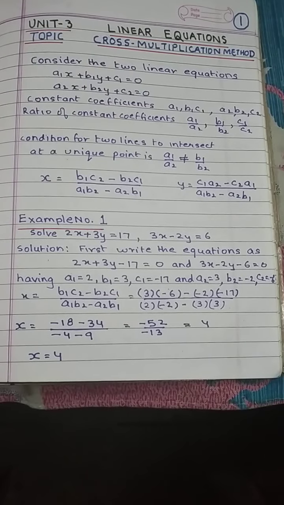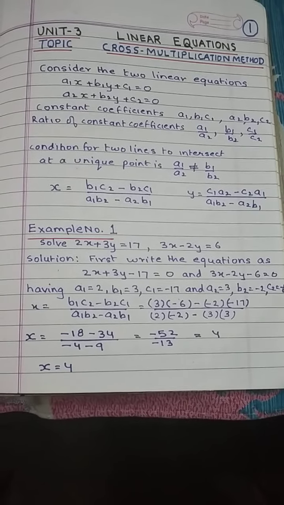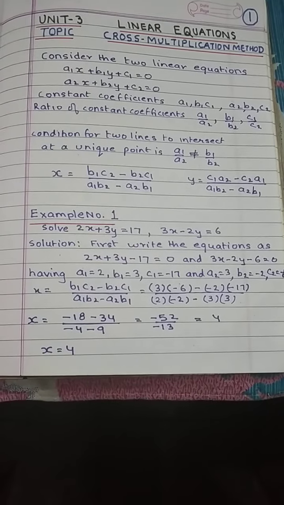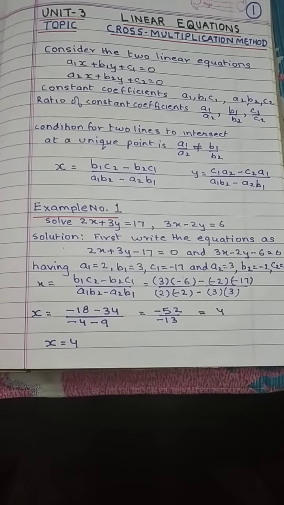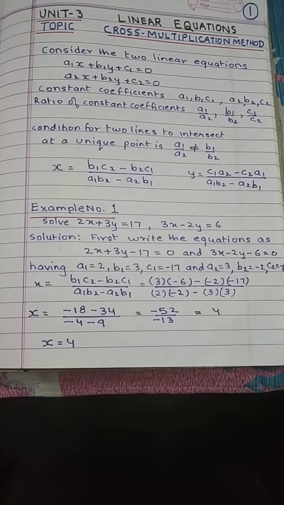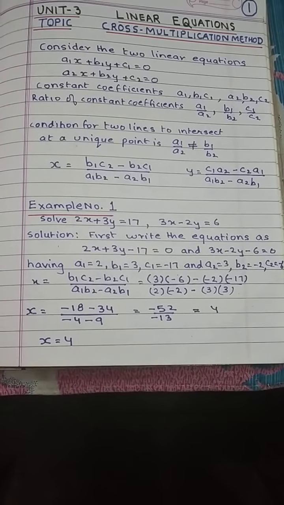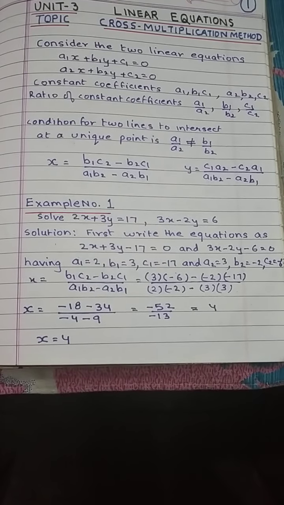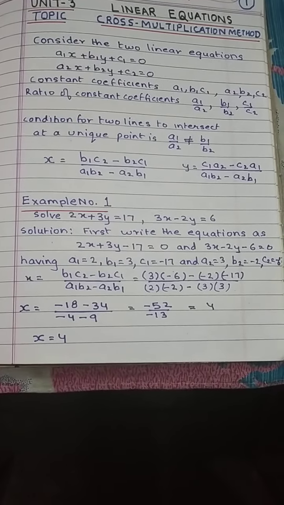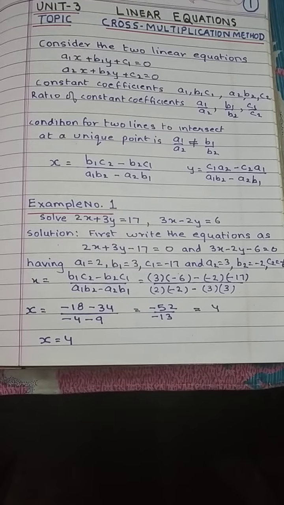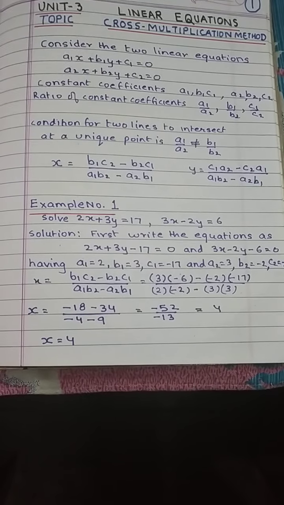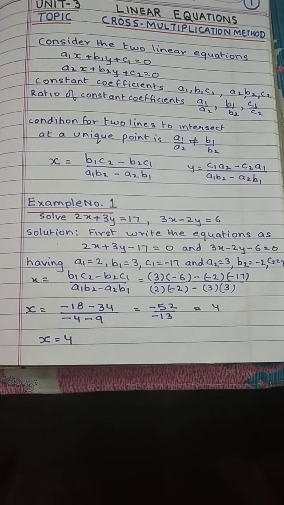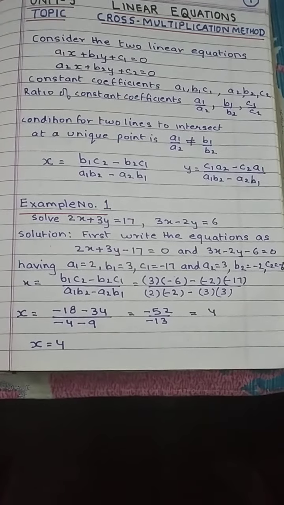Consider the two linear equations a1x plus b1y plus c1 equals 0 and a2x plus b2y plus c2 equals 0. The coefficients are a1, b1, c1, a2, b2, c2.